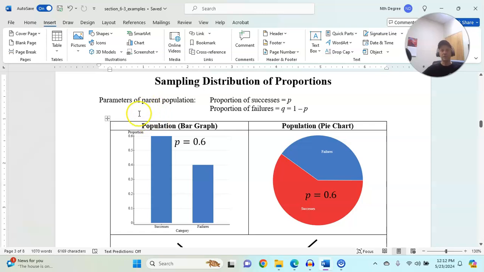So let's take a look at a binary or binomial population. Binary, again, means that every item in the population is either a success or a failure. And in the example that I'm presenting on the screen, this population has a proportion of successes of 60% or 0.6.